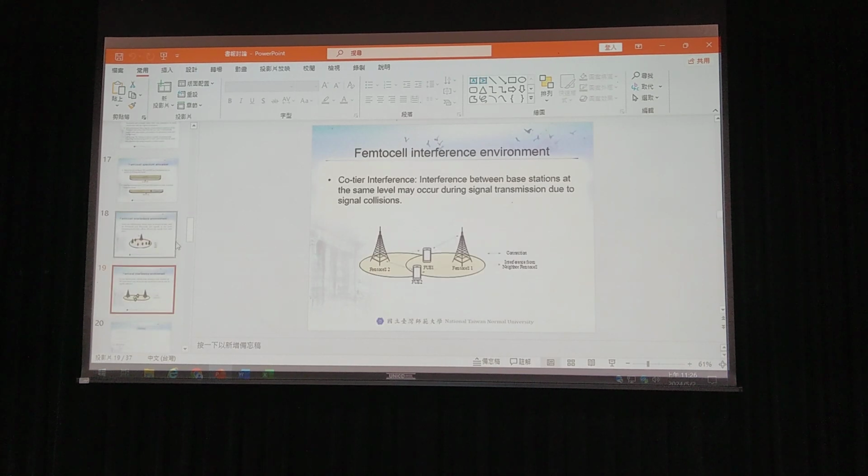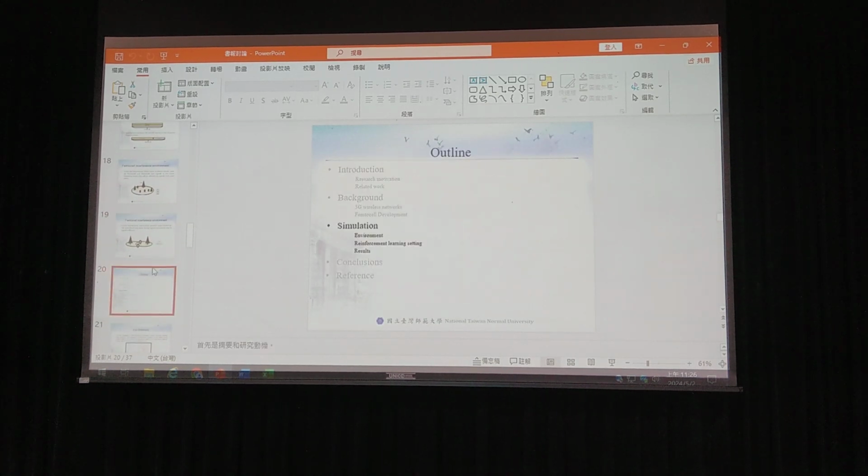Do you try another method to deal with the interference problem? Traditionally, we use game theory, and that is not a good way because nowadays we have AI, so we try to use reinforcement learning to deal with the problem.